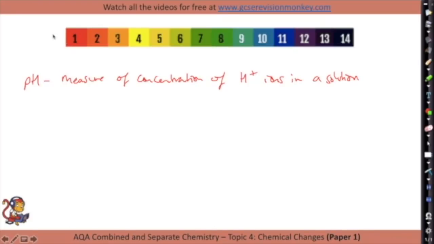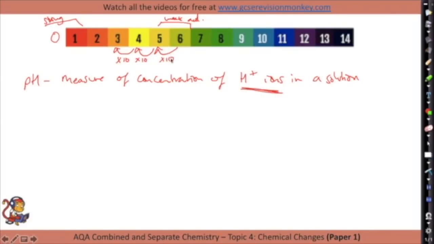So we said before that here with our 0, our 1, these are our strong acids, and here are our weak acids. When you go down a number on the pH scale, you increase the number of hydrogen ions in your solution by a factor of 10.